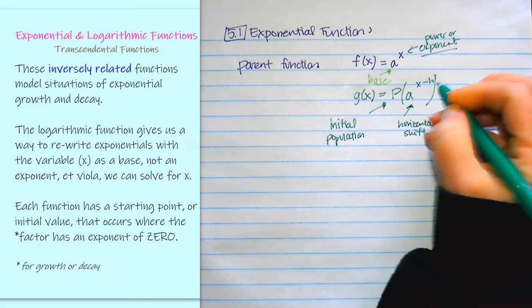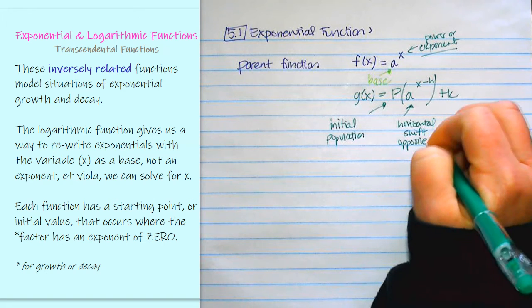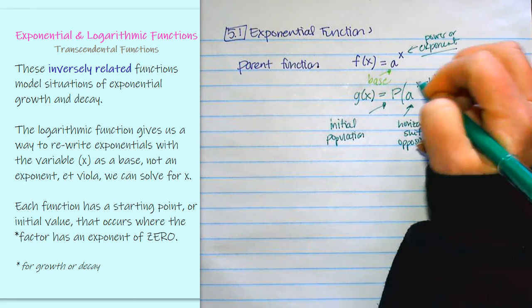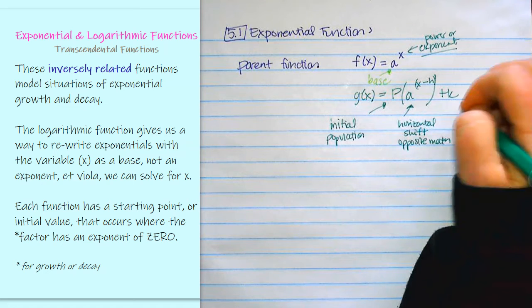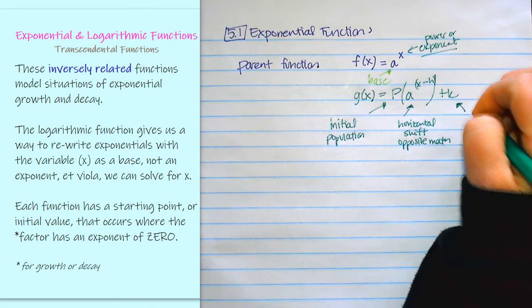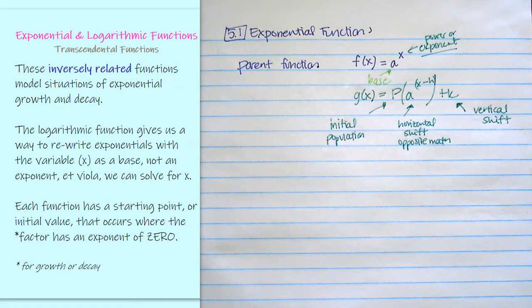Note that because it has minus h, it's always opposite math, just like before. It's almost like this is in parentheses, but not normally written in parentheses. And then k is a vertical shift. So these translations that we've seen before, they occur here with exponential functions as well.